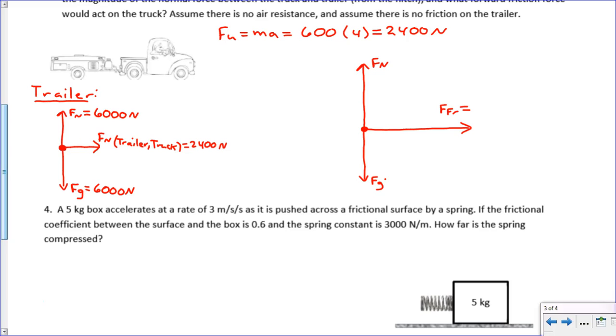And then I also have a normal force pulling back on the truck that's coming from the trailer. So the trailer is pulling the truck backward, and I know that's going to be smaller than the frictional force. This is F normal on the truck by the trailer.